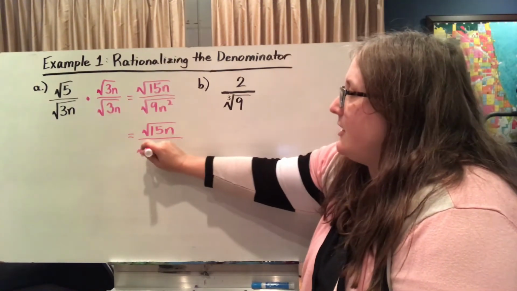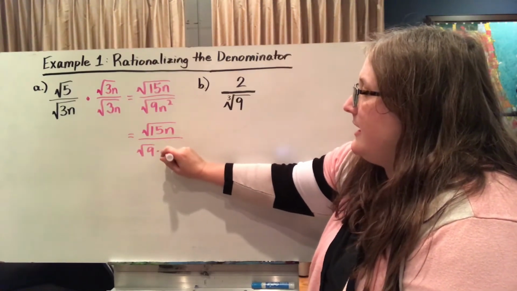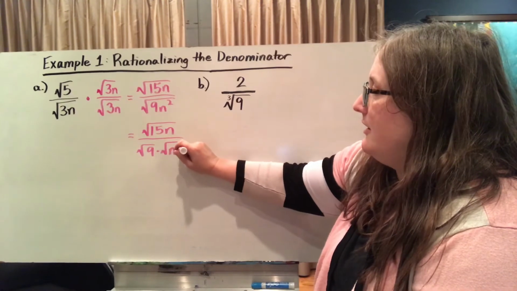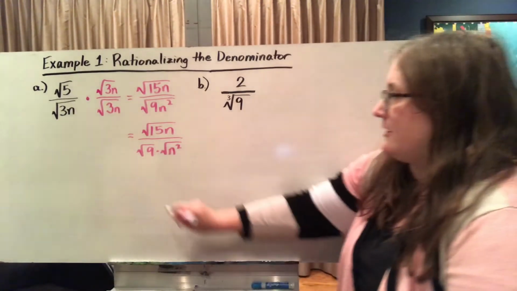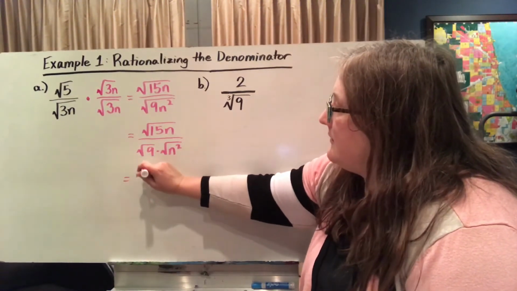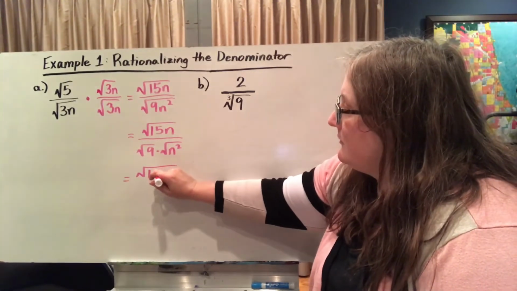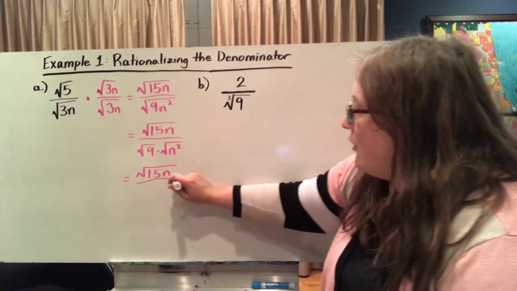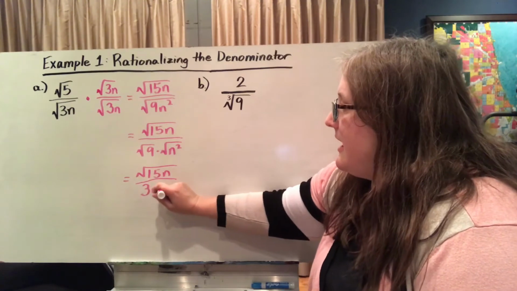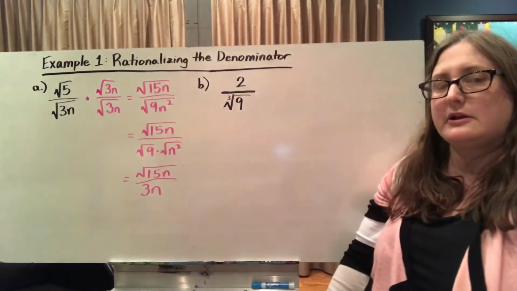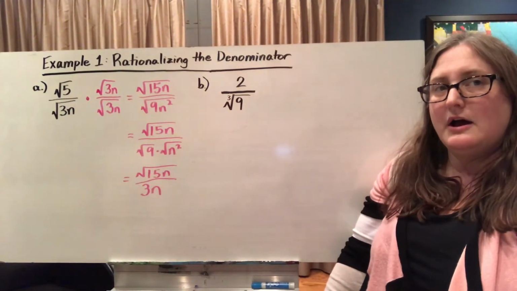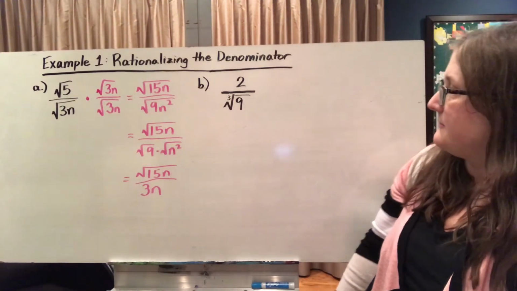But I can break down my 9 and my n squared, both of which are perfect squares. And now I get, in my numerator, square root of 15n over 3n. This is a simplified radical because I do not have a radical sign in my denominator.